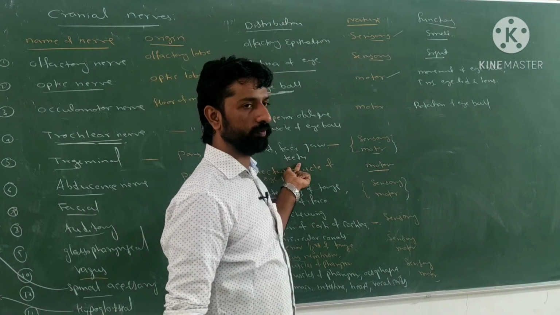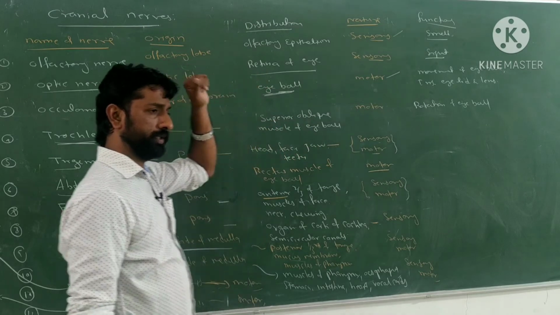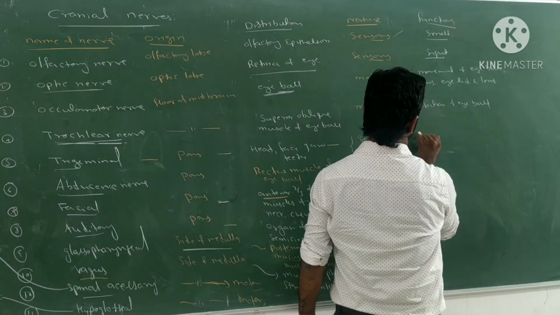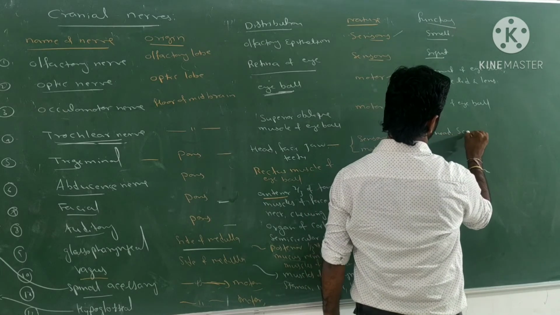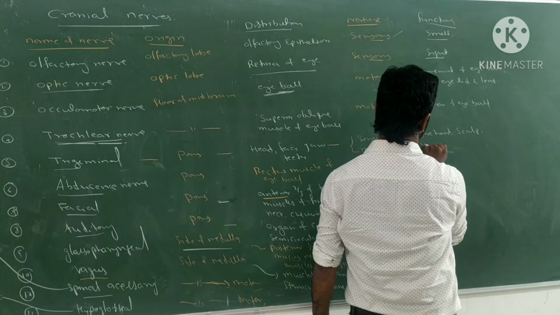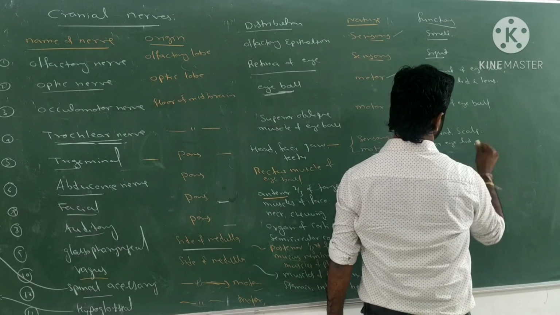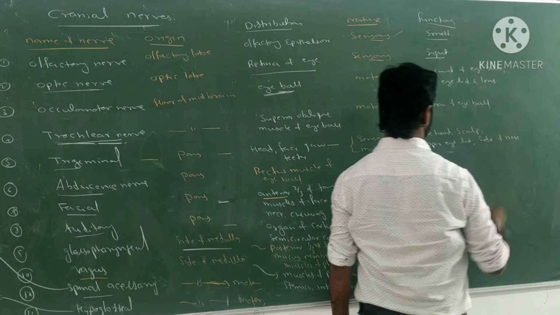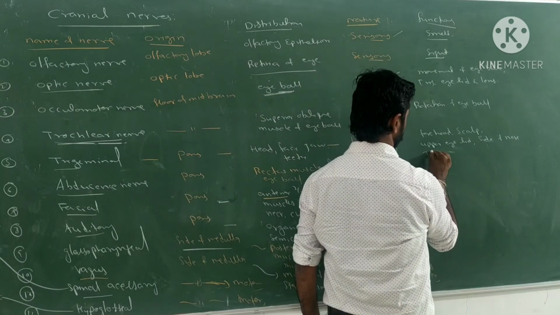It is concerned with the movements of the muscles of the forehead, scalp, upper eyelid, side of the nose, along with the teeth and jaw.